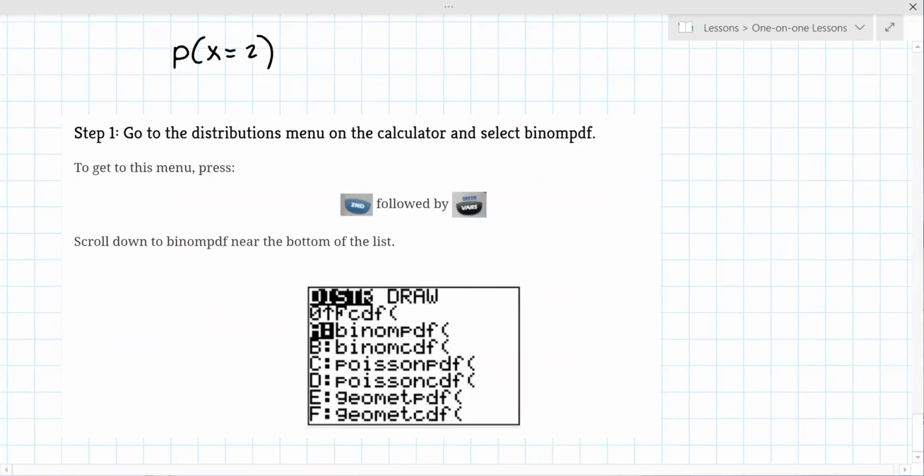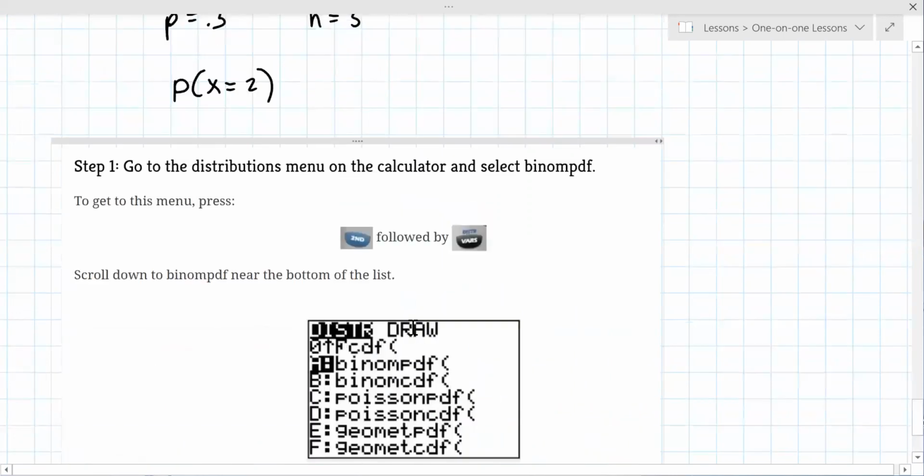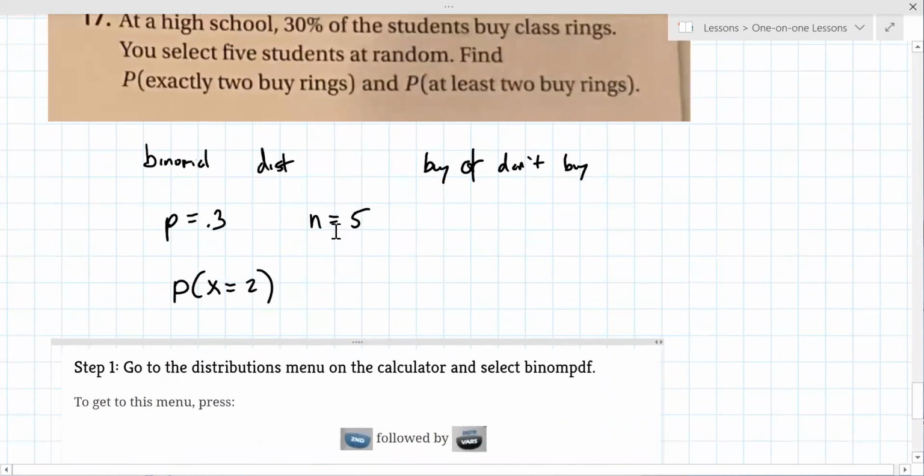So when you get to that screen, you have to choose what you're going to put in there. The options are the number of trials, p, and the x value. The number of trials is n. The p is 0.3, and the x value is 2.